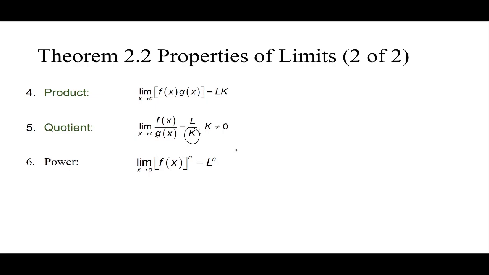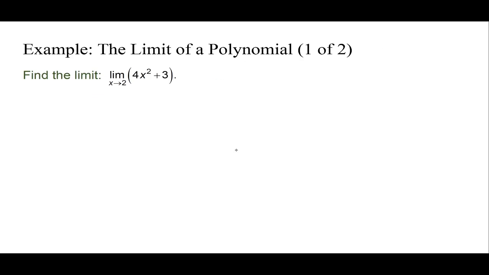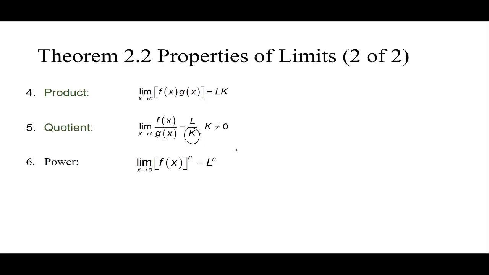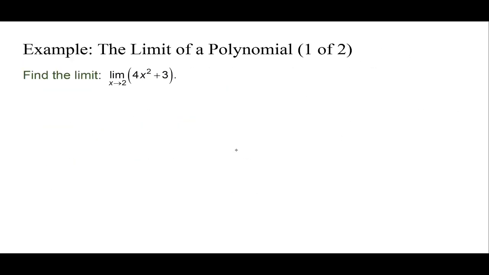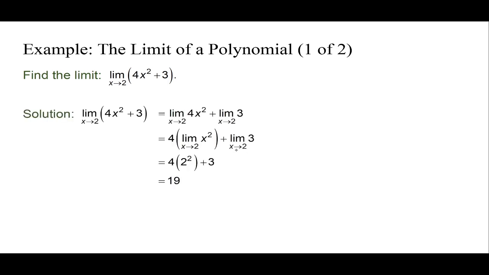Finally, if you are looking for the limit of the function to the power n, then you can just find the limit of the function inside this power, which is L, and that will give you L to the power n. Let's do one problem. Here is 4x squared plus 3. We can apply these properties. First of all, we can apply the sum rule, and then after that scalar multiplication, and this is what we're going to get.